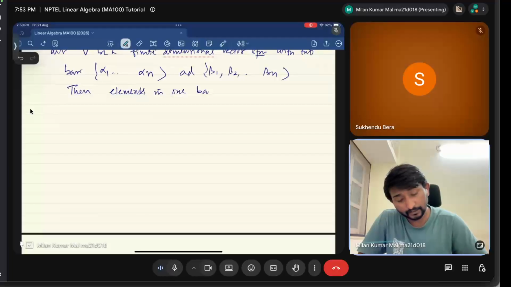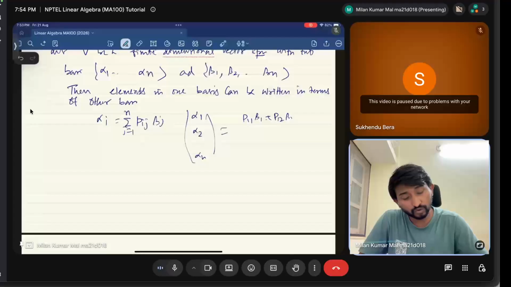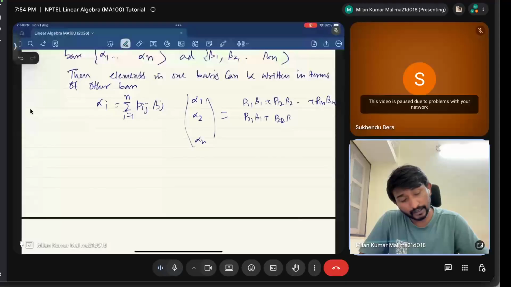This can be written as P11 beta 1 plus P12 beta 2 plus P1n beta n, and in this way P21 beta 1 plus P22 beta 2 all the way to P2n beta n, and all the way Pn1 beta 1 plus Pn2 beta 2 plus all the way Pnn beta n.